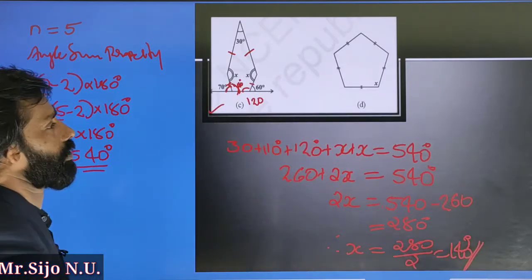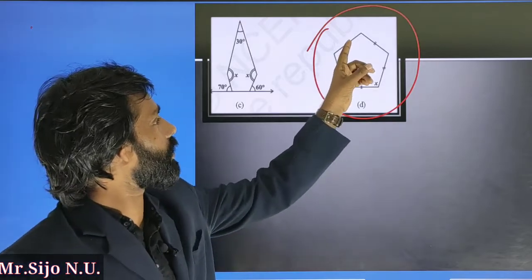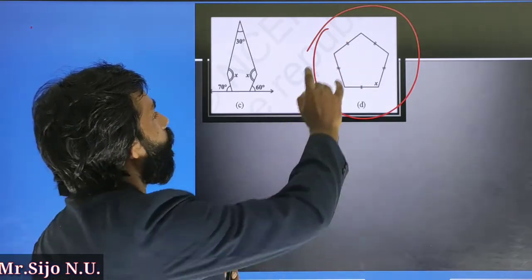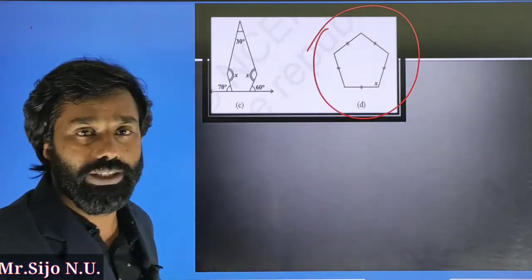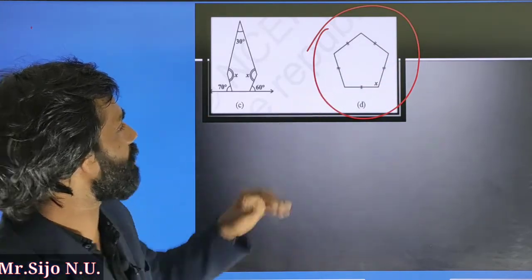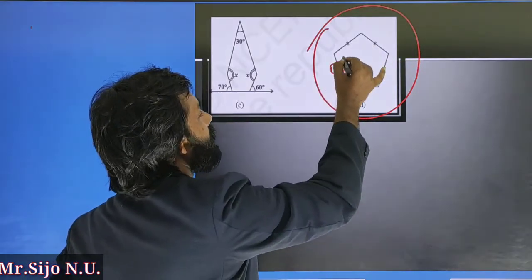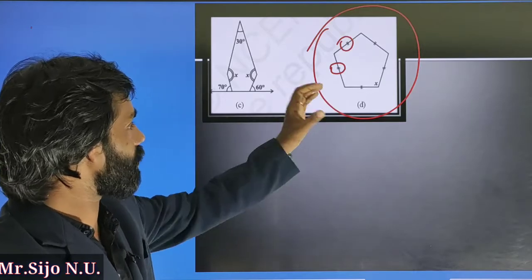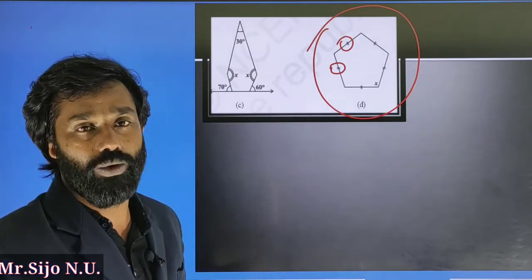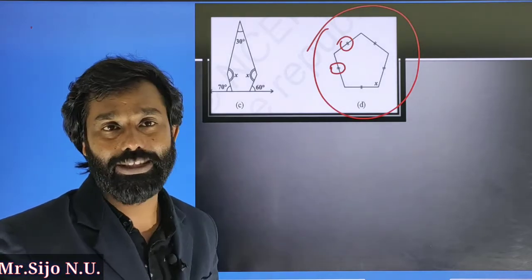So here is the answer. Now comes question number D. Yes, how many sides does it have? 1, 2, 3, 4, 5, there are 5 sides. Yes, we know. And also it's given here that all these sides are equal. We know this symbol represents that all these sides are equal. Well, so here it's 5-sided and all sides are equal. So we can say it's a regular pentagon. So what about angle sum property?